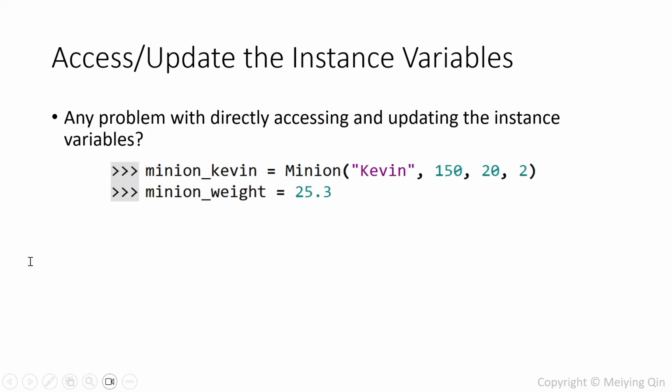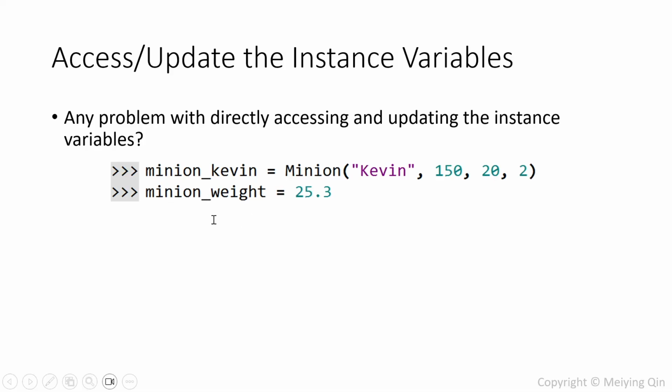Do you see any problem with directly accessing and updating the instance variables? What do I mean by instance variables? For example, here we define minion Kevin from the class Minion, so this is a new object from the class Minion. We have, for example, name Kevin, weight 150 pounds, height, and number of eyes, right?